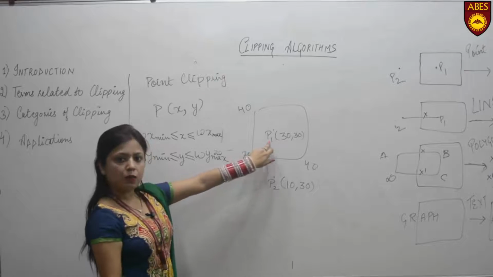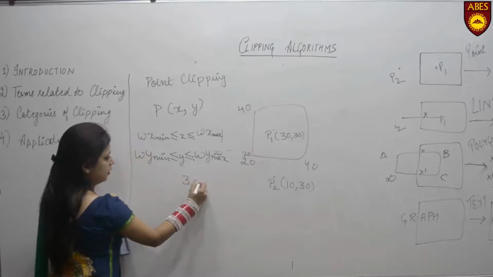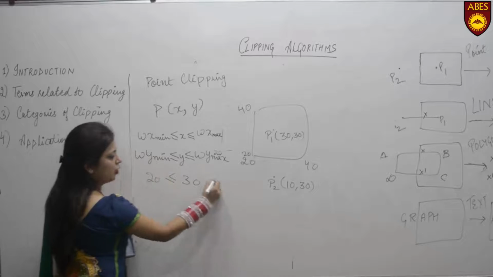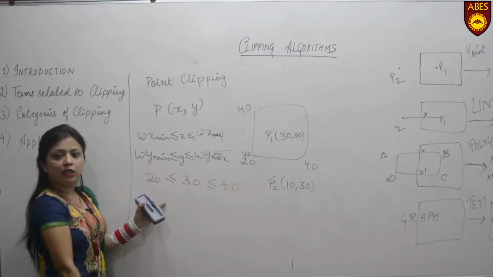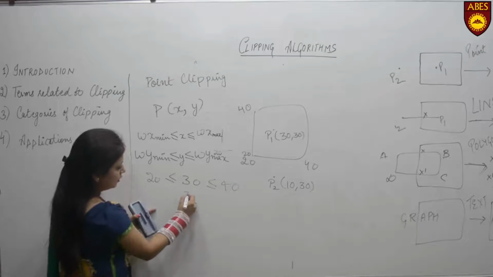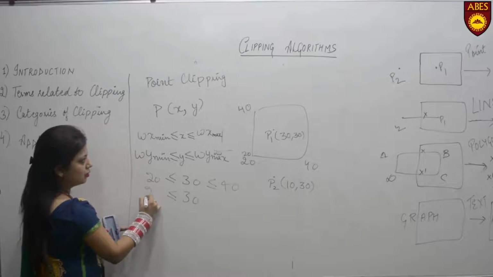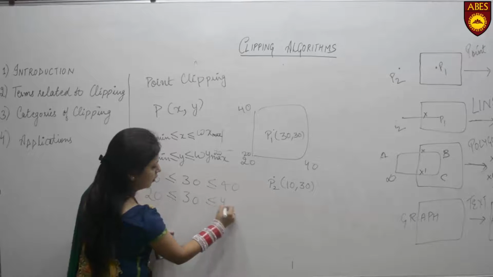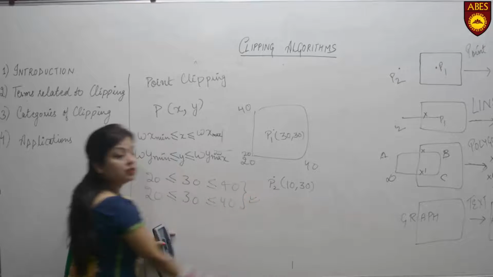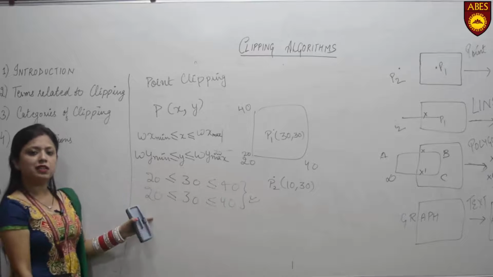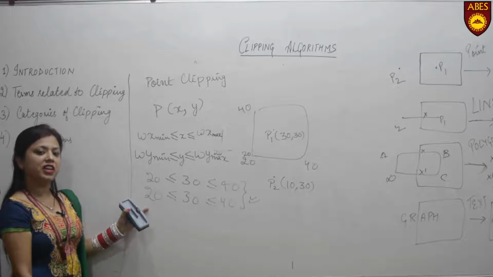For the point P1 30, 30, the X value lies between 20 and 40. Both the inequalities are satisfied. Similarly, the Y value lies between 20 and 40. Since all the 4 inequalities are satisfied, this particular point will be retained.